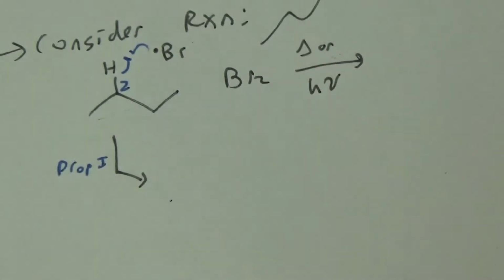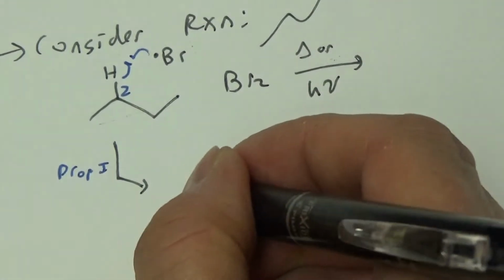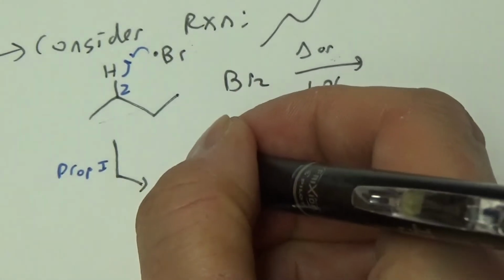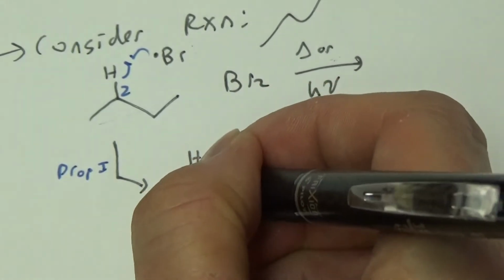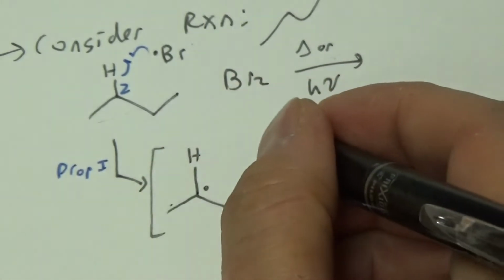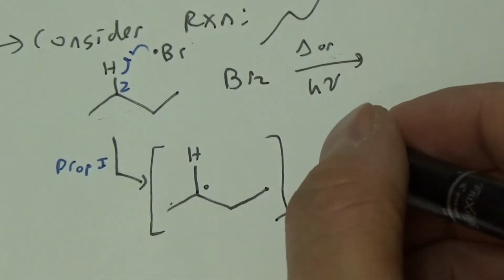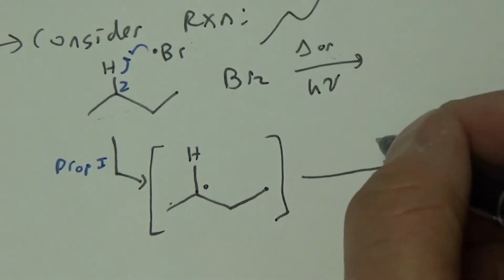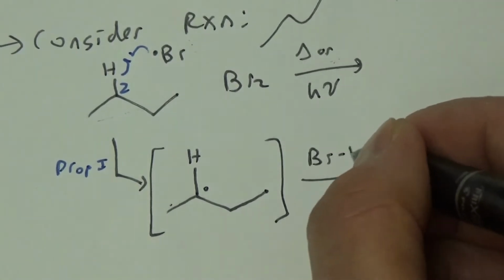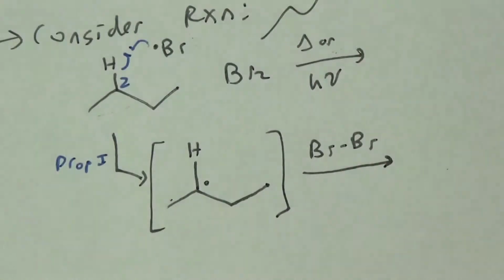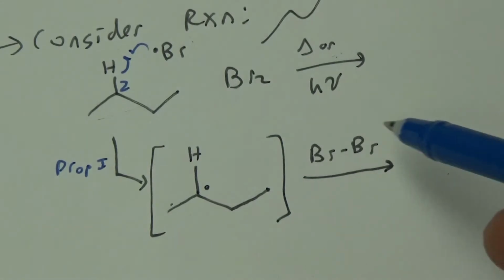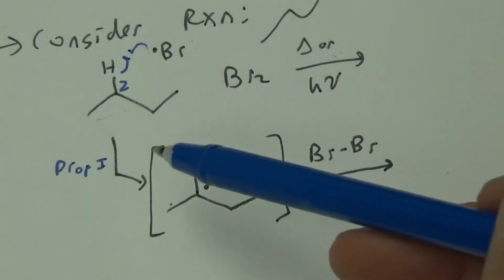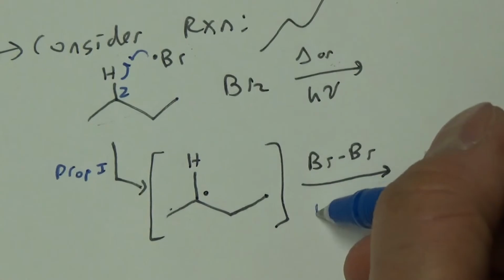So what does that give you? A radical. And when this radical attacks Br2, what's the name of that mechanism step? It's not prop 1, it's prop 2, right?